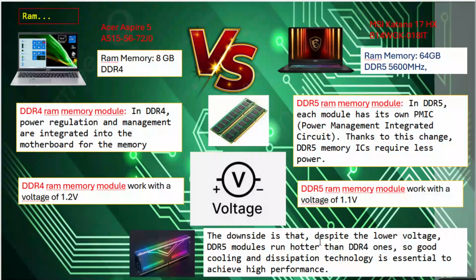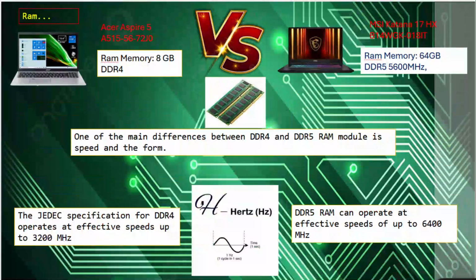The downside is that despite the lower voltage, DDR5 modules run hotter than DDR4 ones, so good cooling and dissipation technology is essential to achieve high performance. One of the main differences between DDR4 and DDR5 RAM modules is speed and the form.